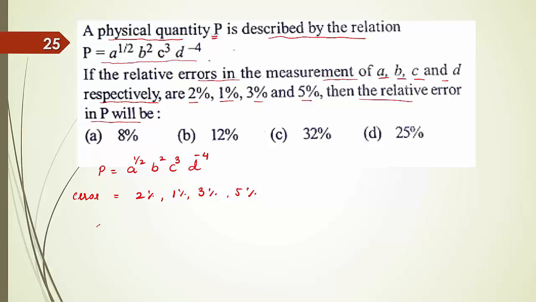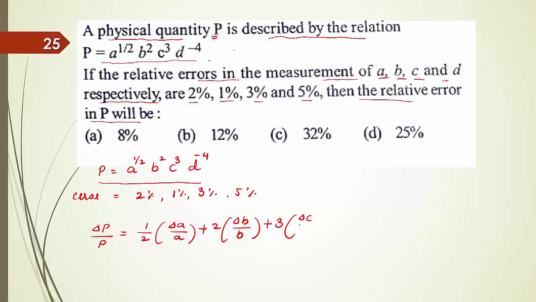So I am going to write delta P over P equal to, this equation can be written as, A raised to 1 by 2 means 1 by 2 into delta A over A, plus B square can be written as 2 into delta B over B, plus C cube means 3 into delta C over C, plus 4 is the exponent, so 4 times delta D over D. Don't write the negative sign here, because relative error always takes positive numbers.